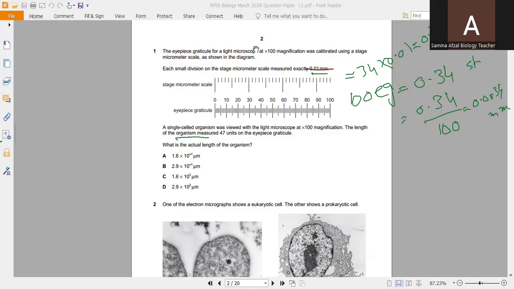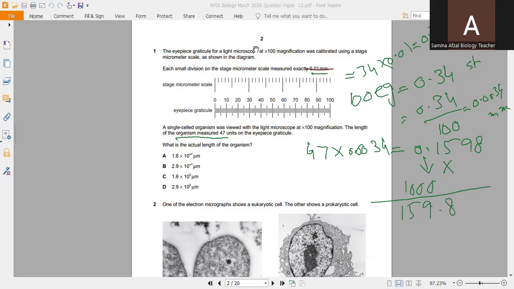Now you can see the length measured is 47 units. So we will multiply 47 with 0.0034, which is equal to 0.1598 millimeter. When this is multiplied by 1000, it will become 159.8, which is very close to 1.6 into 10 raised to power 2 micrometer.